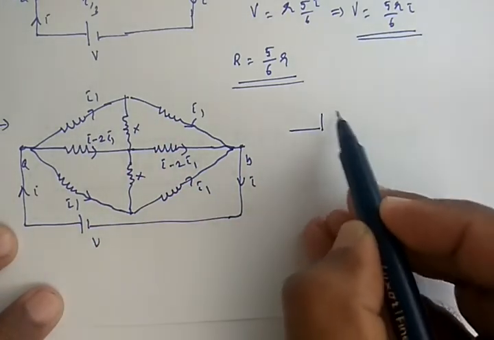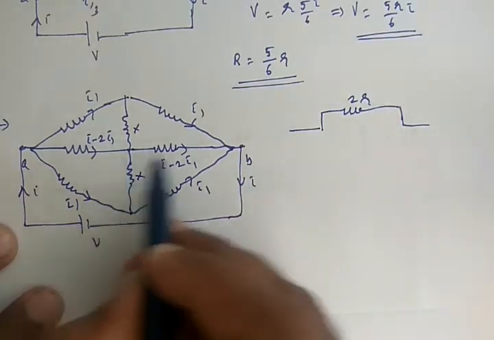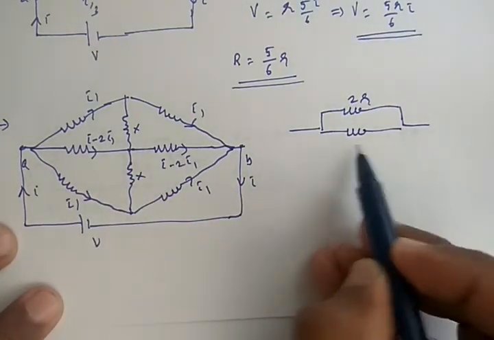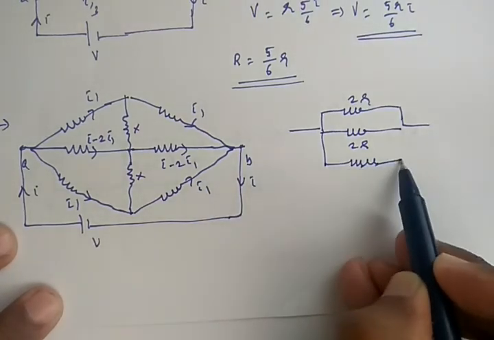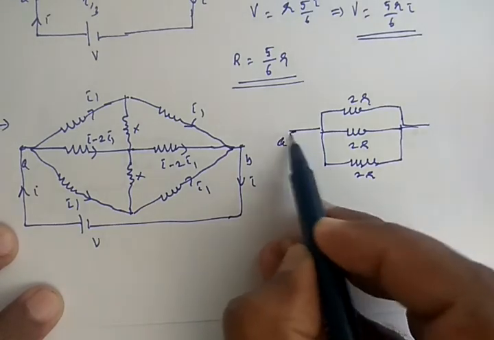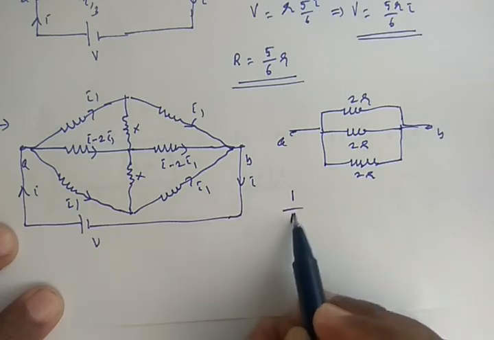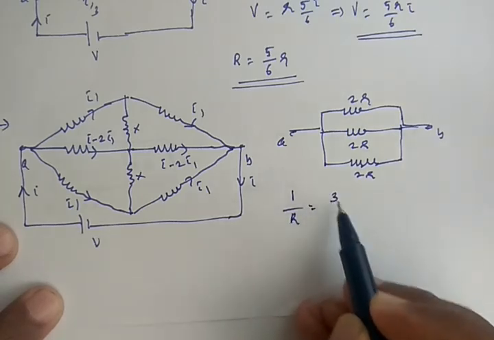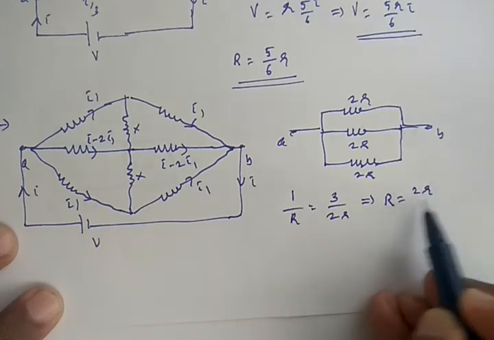You can write this is 2R, and this line is 2R, and this line also offers 2R resistance. Say this is A and that is B. So 2R, 2R, 2R, then the effective resistance becomes 3 by 2R. That implies R equals 2R by 3.